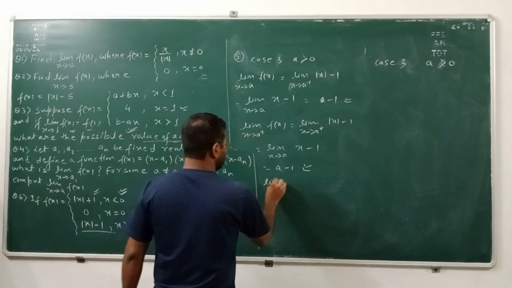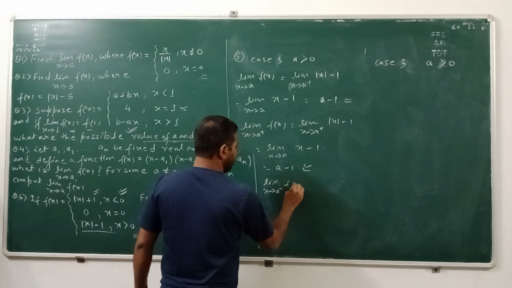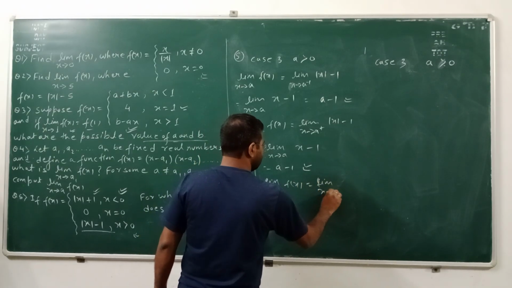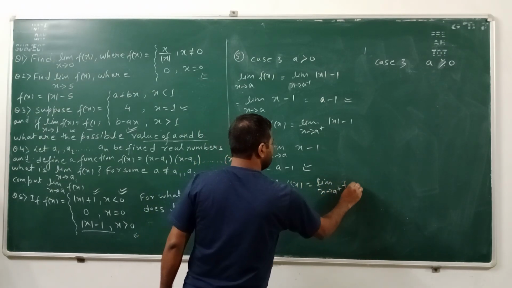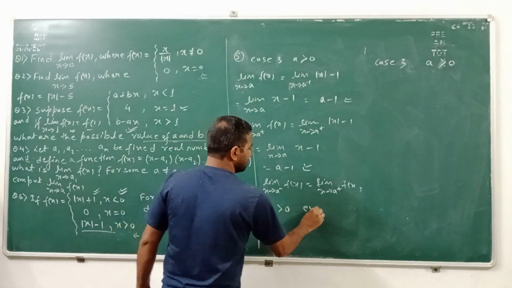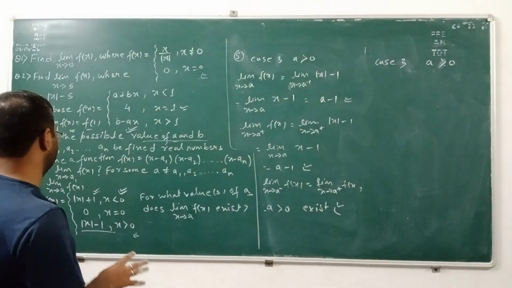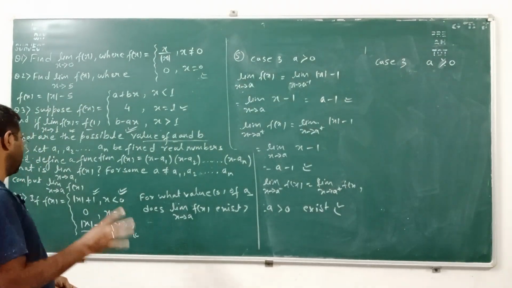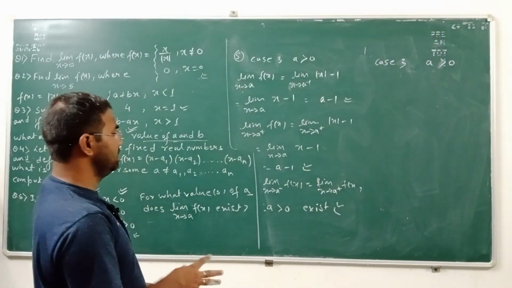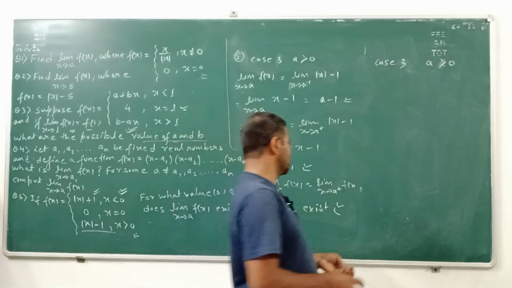It means limit x tends to a negative f(x) is equal to limit x tends to a positive f(x), so the limit for a greater than 0 exists. Okay, so in case 1, a is equal to 0, the limit does not exist. For a greater than 0 or a less than 0 it will exist. So this is case 3.